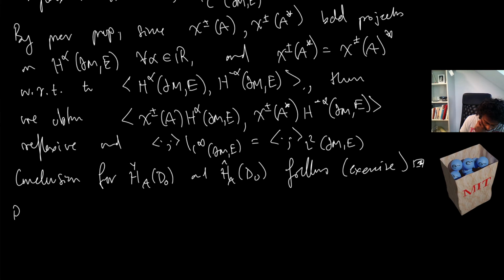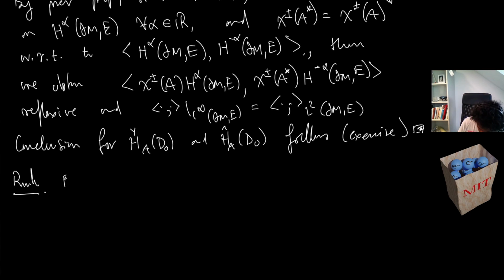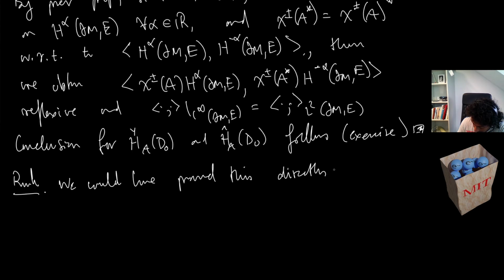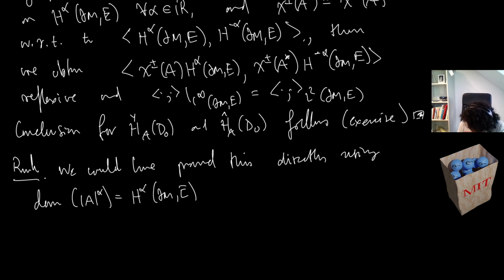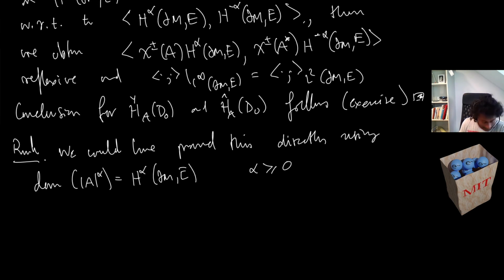But let me just make a remark. We could have proved this directly using that dom modulus A alpha equal to H alpha partial M for alpha at least positive, and for alpha negative, of course, we have this estimate, right? So minus alpha.